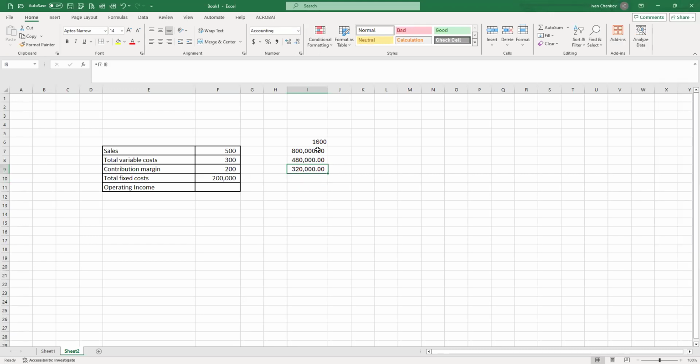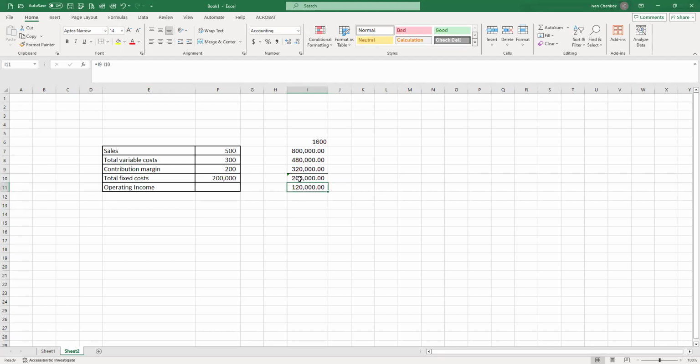So how else can we get those $320,000? Very simple. 1,600 times 200 is going to give us $320,000. After that, we have the fixed cost, which is not going to change. And once we get that fixed cost, we can get our operating income, which is the contribution margin minus the fixed cost. And we're going to get $120,000.